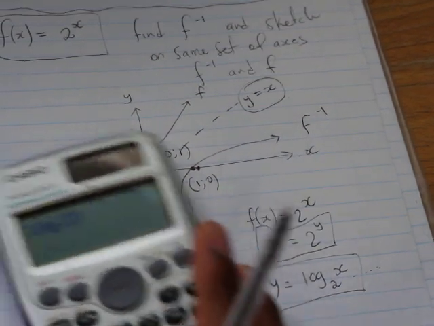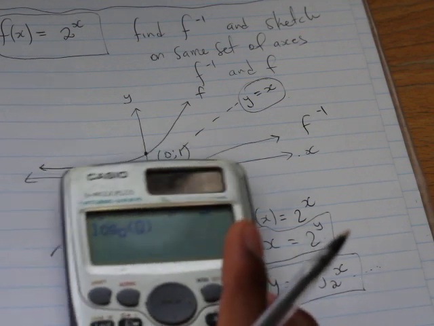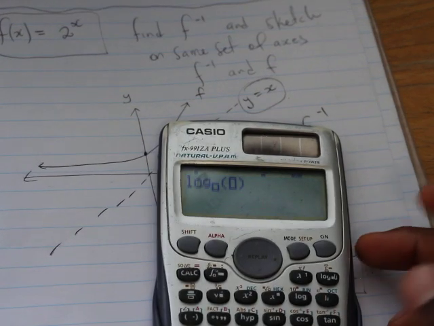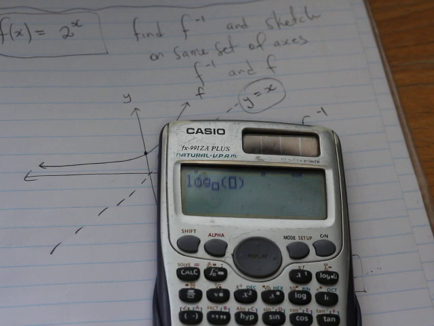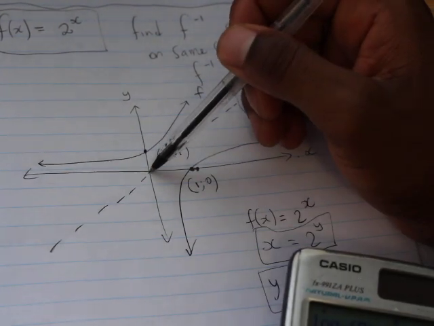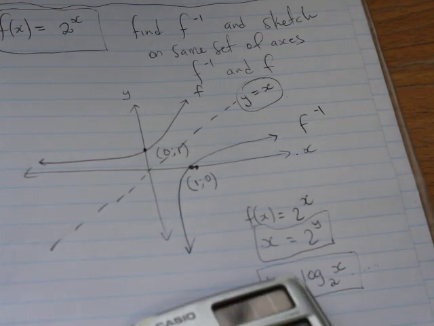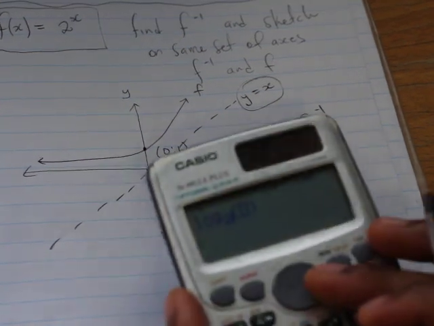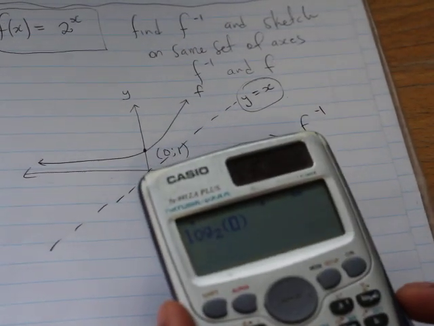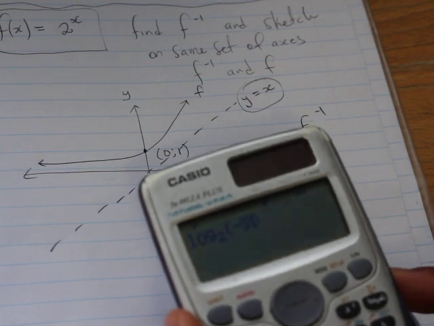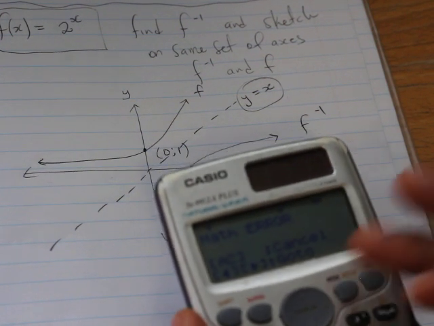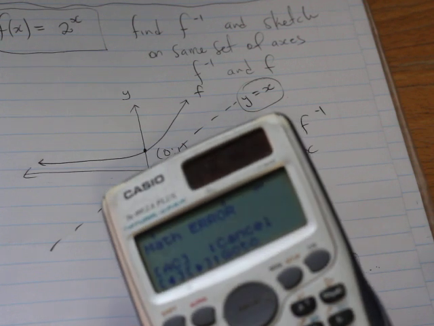So you can see that I've punched in the logarithm over there. Let's do a test and substitute a number which is beyond the y-axis. So base 2, and then the number, let's just say -1. Okay, you see we're getting a math error.